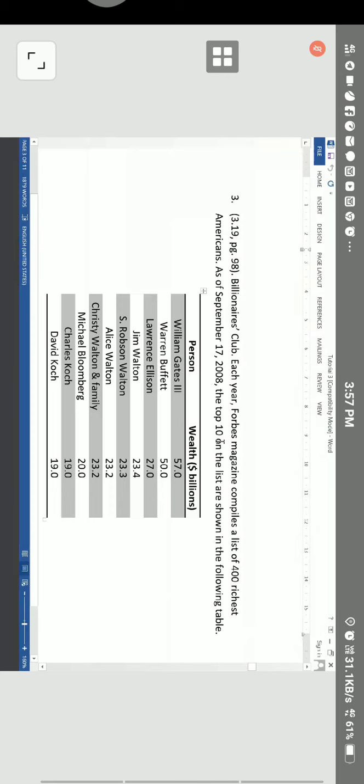Then you need to find the mean, totaling up all your data. You arrange the data in increasing order, starting with 19, 19, 20, 23.2, 23.2 until 57.